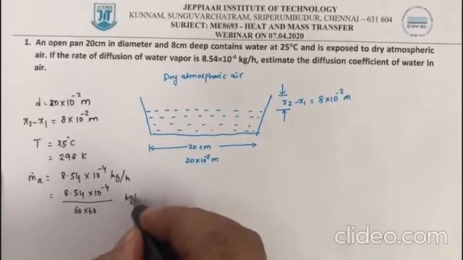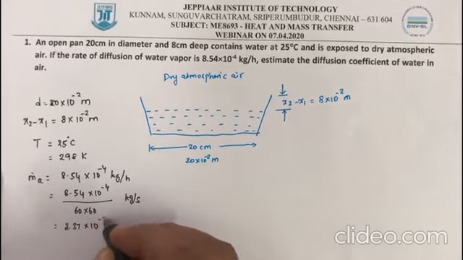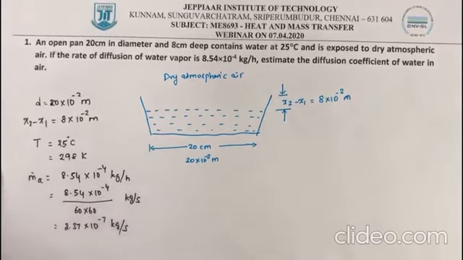This gives you the answer in kg per second. It works out to 2.37 into 10 power minus 7 kg per second.